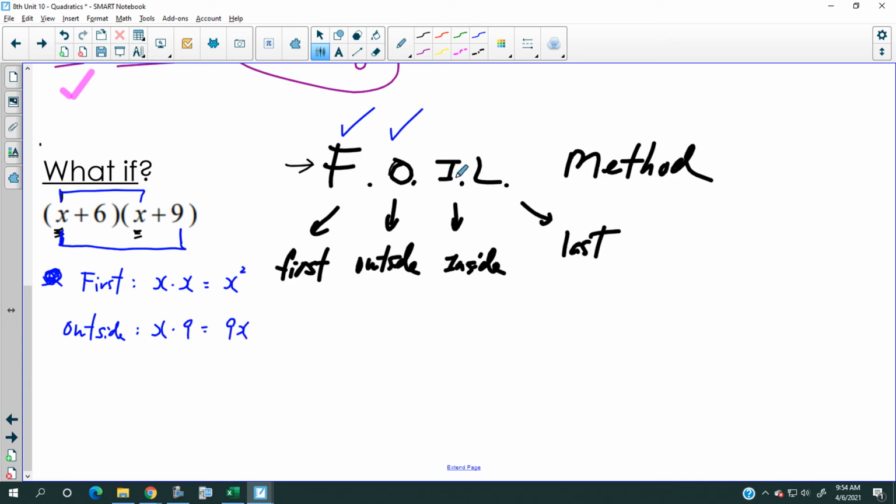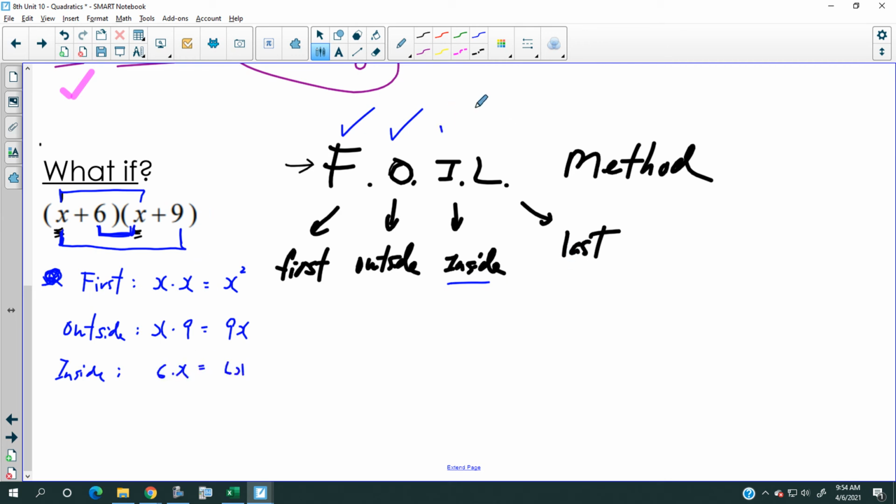That's checked. Inside, meaning these two inside terms, the two innermost terms of this whole expression. Think of it like that. So inside, which is 6 times X, that's 6X.